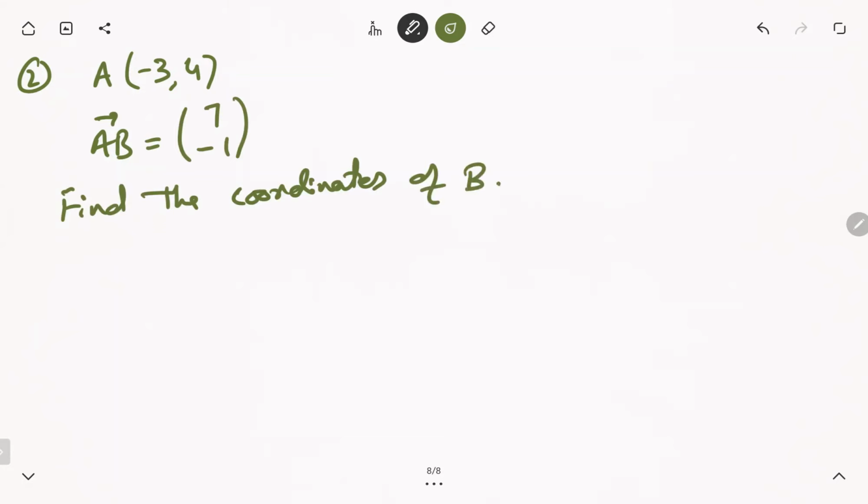Find the coordinates of point B. Bakshi is saying the coordinates are (4, 3). Please confirm. Yes. Okay.